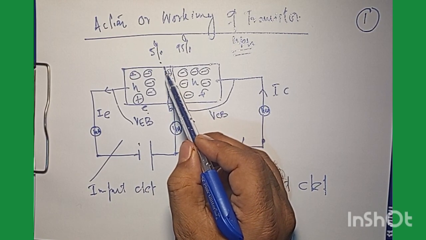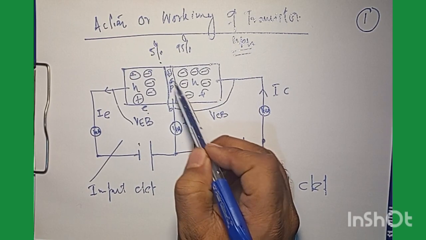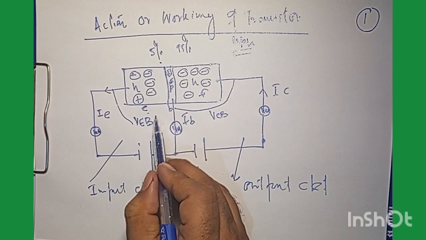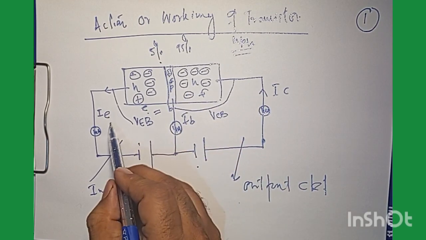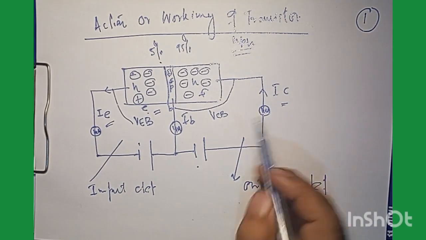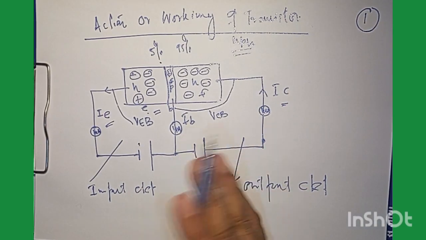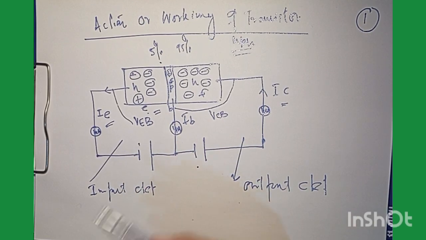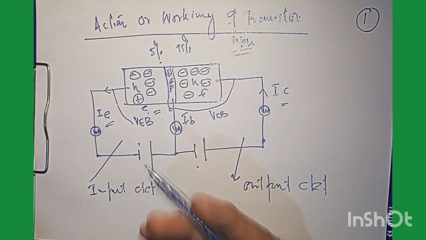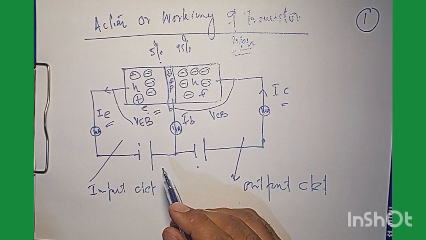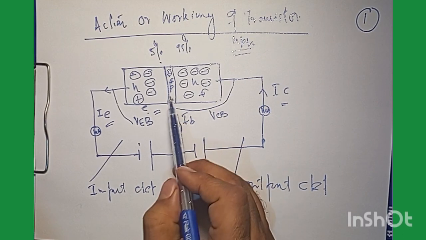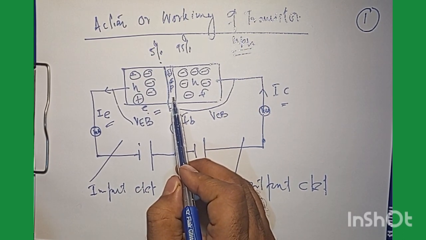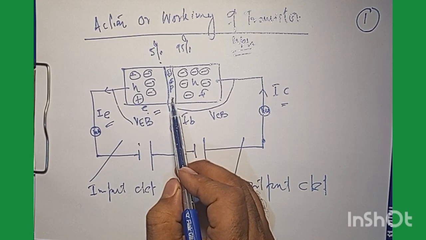So the base current is the difference between the emitter current and the collector current, and at the same time, it's proportional to the number of electron-hole combinations in the base of this NPN transistor.